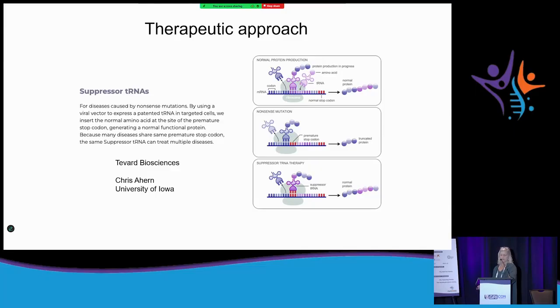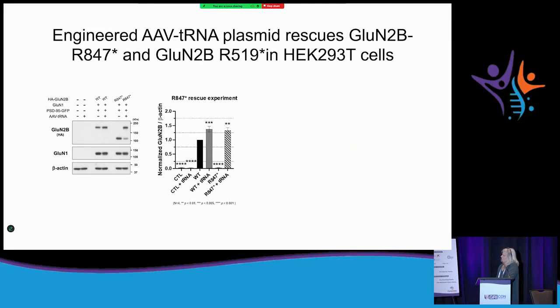Obviously, this would be fantastic because there's so many truncating variants. It's already been licensed to Tavard Biosciences. They are focused mainly on Dravet syndrome. So as I mentioned briefly, this is an approach that could potentially rescue premature stops that are in other conditions as well.